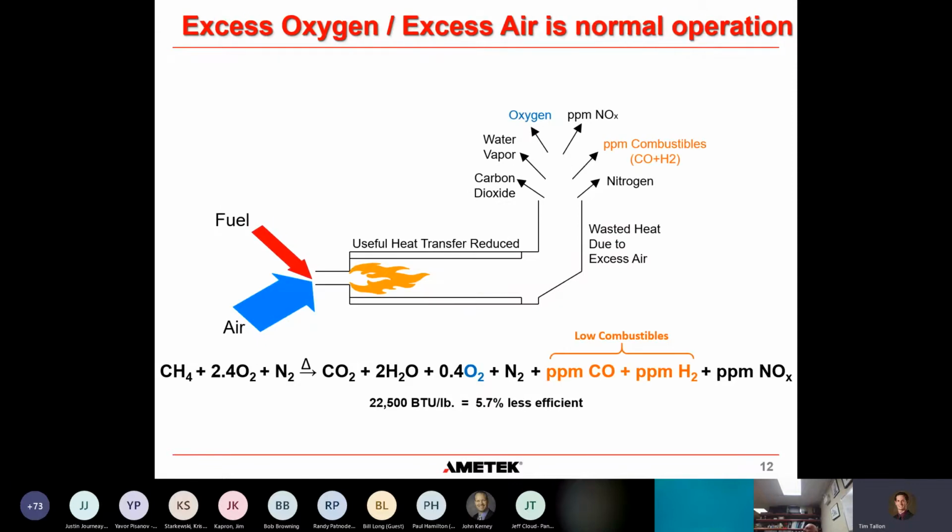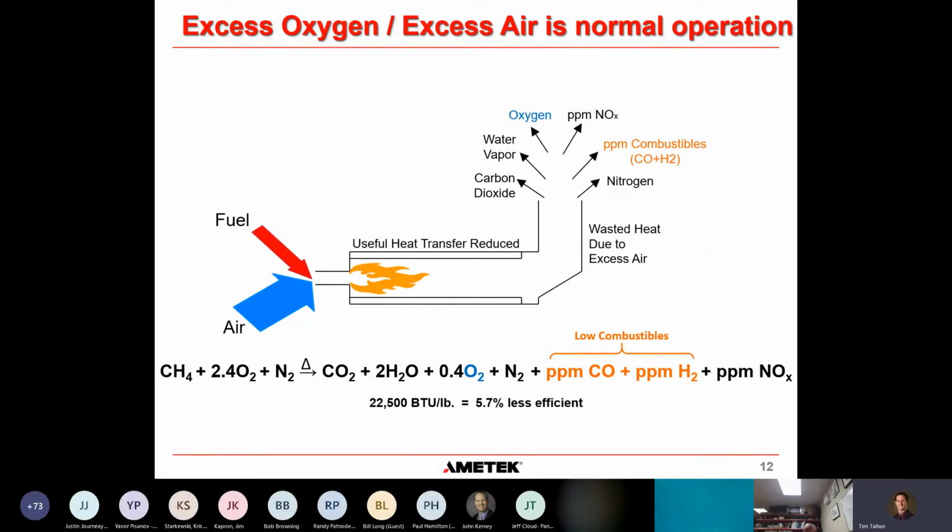But in reality, in order to have a margin of safety, we actually use a little bit of excess air, excess oxygen, for normal operation. What that does is it gives us a buffer, and it's slightly less efficient, 5.7% less efficient compared to the previous stoichiometric conditions.